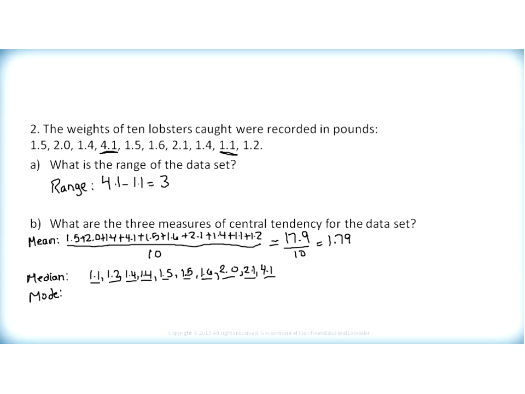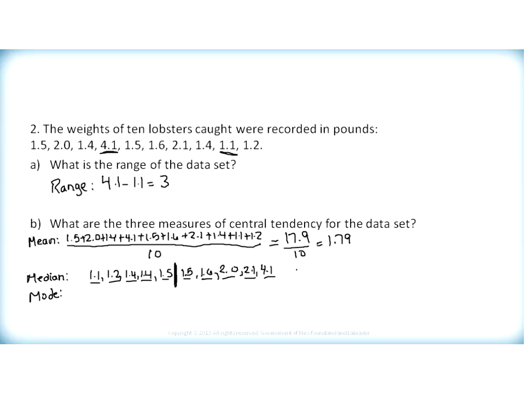All right, so what I notice is that once again I have 10 data points. So that means my middle number, my median, is between two numbers. To find my median in a situation like this, I'm going to have to add the two numbers on either side of that middle line, and then divide by 2.